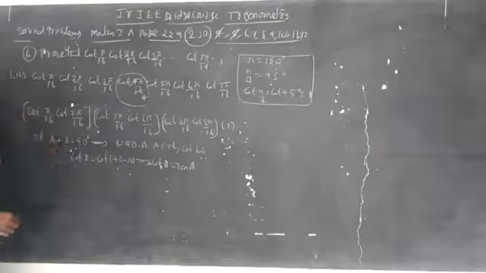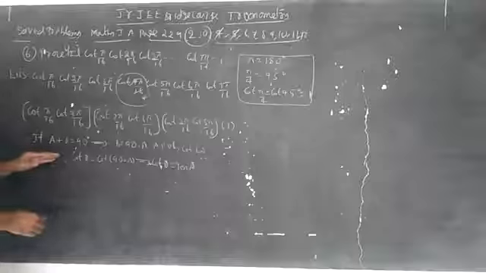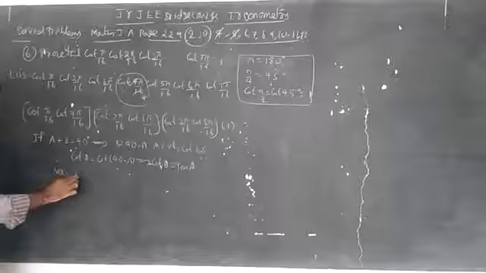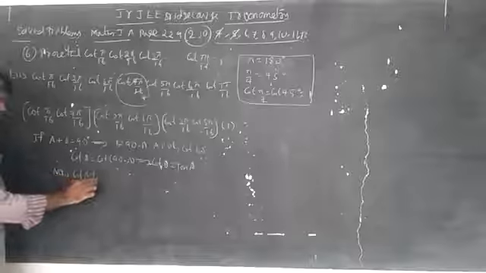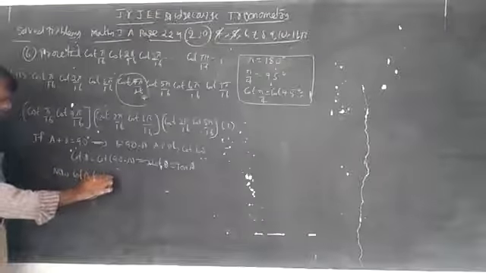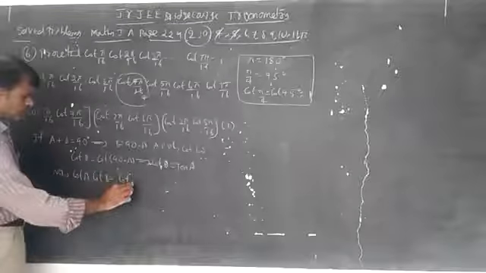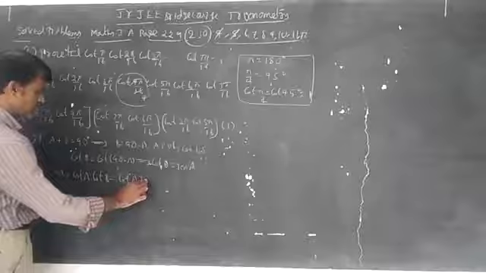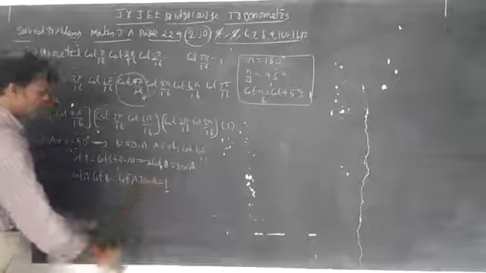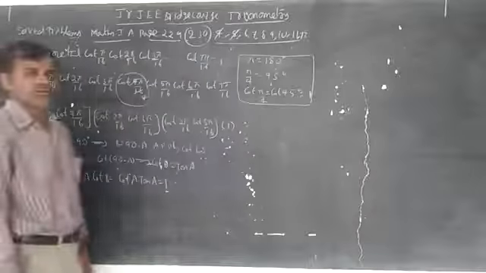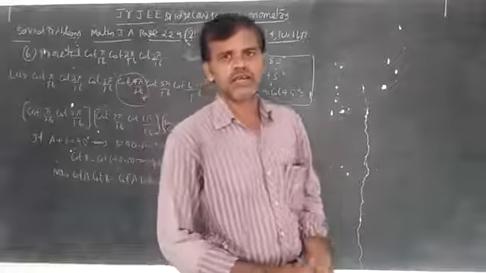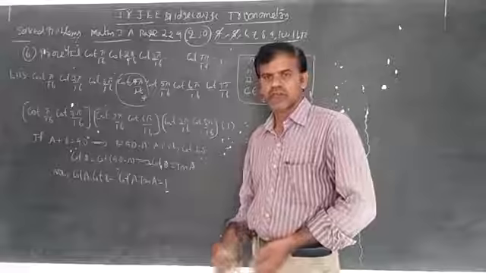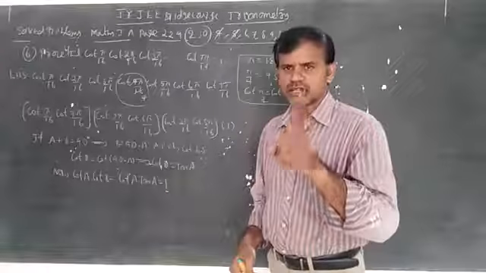So for cot b we can write tan a. So if a plus b is equal to 90, now I am writing cot a into cot b. Instead of cot b, you can write tan a. We know that cot a into tan a is equal to 1, because of the identity I said in previous class. Cot a into 1 by cot a, cot a will get cancelled, answer 1.